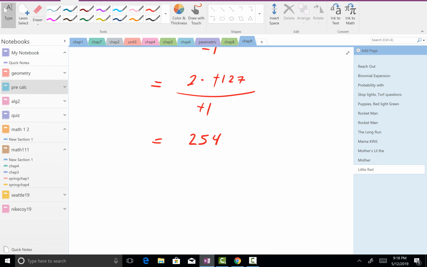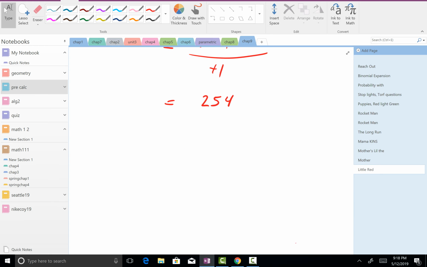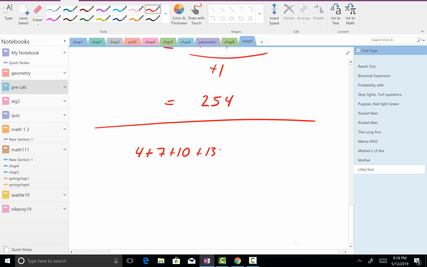There could be a possibility where it wants you to find a sum, but you don't know what term it is, okay. So let's take a look at something like that. So let's say we have 4 plus 7 plus 10 plus 13 plus dot dot dot up to 64.